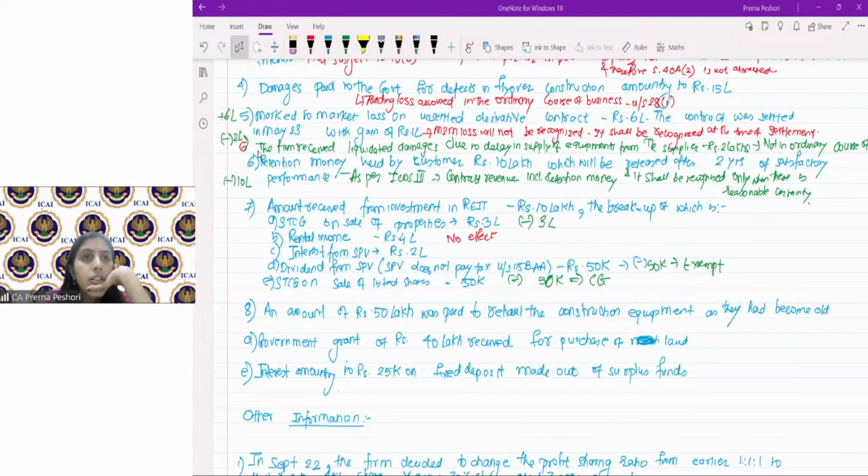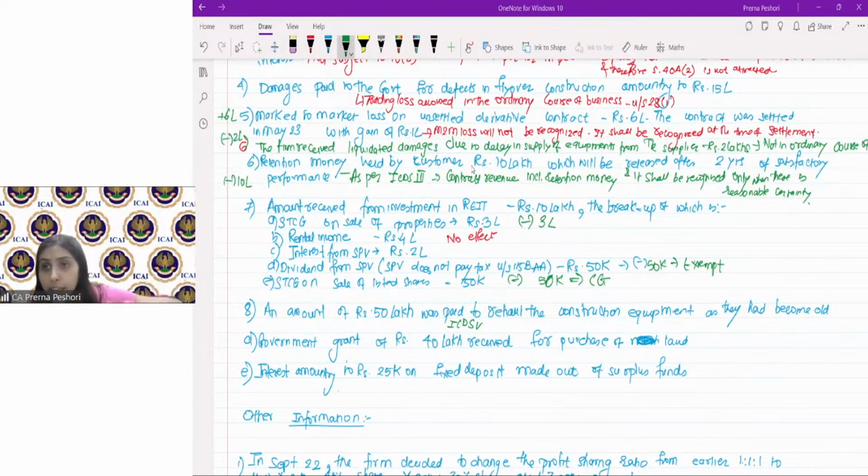Yes, Kaushiki, correct. So we need to add it to the cost. Why? Because ICDS 5, which is for tangible assets, talks about improvements and repairs to the fixed assets. It says that where an expenditure increases the future benefits from the existing asset beyond its previous performance, then you need to add it to the cost of the asset.